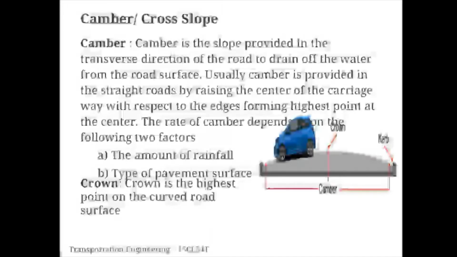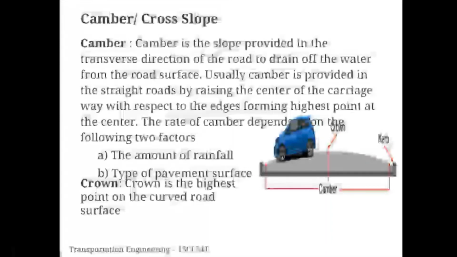In some areas the amount of rainfall will be less, so there you can keep the camber, the slope, a little bit flat, and in areas where the amount of rainfall is high, there you can give a slope which is steeper.